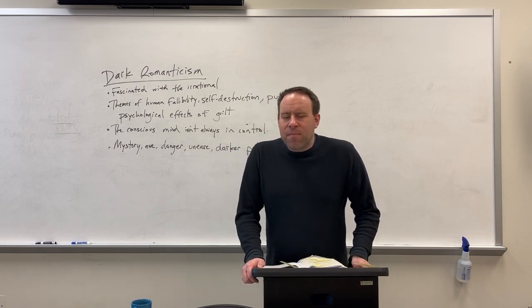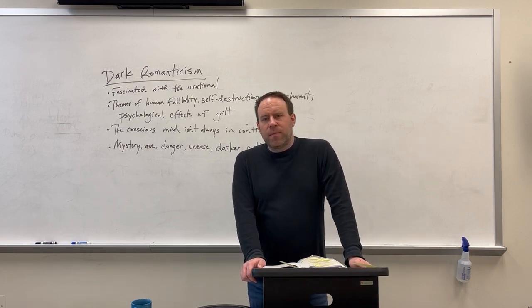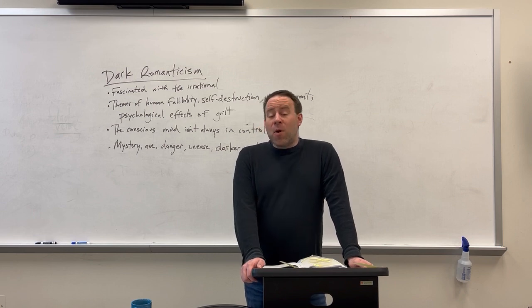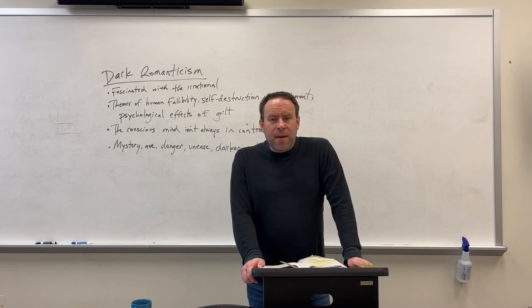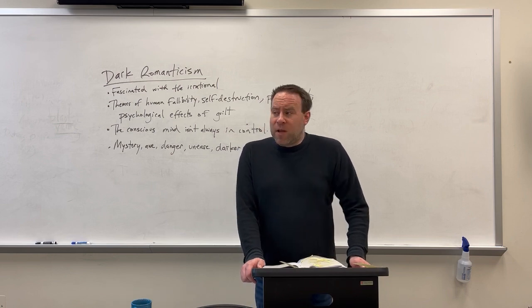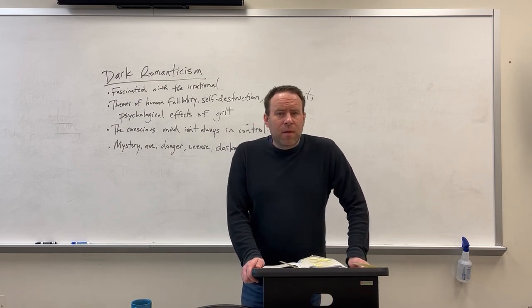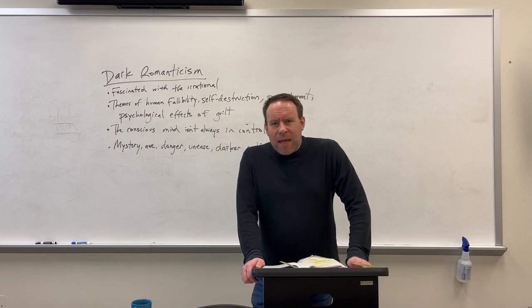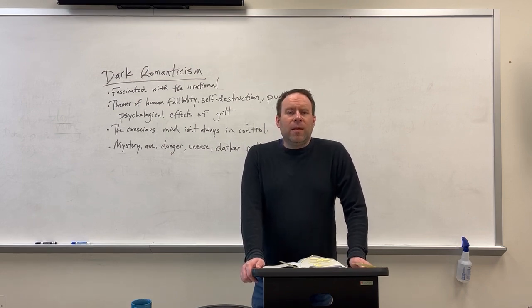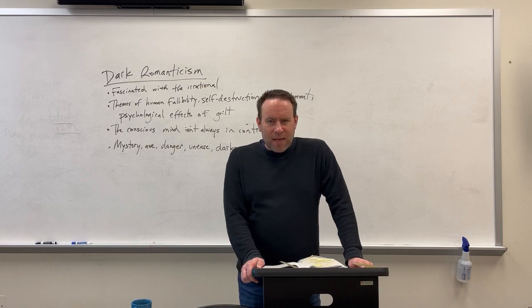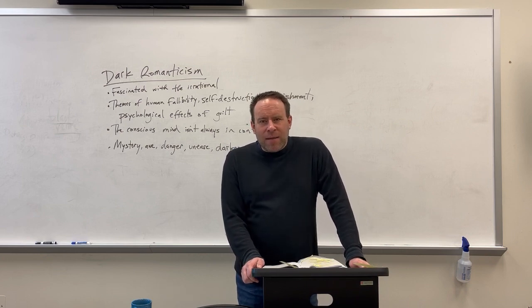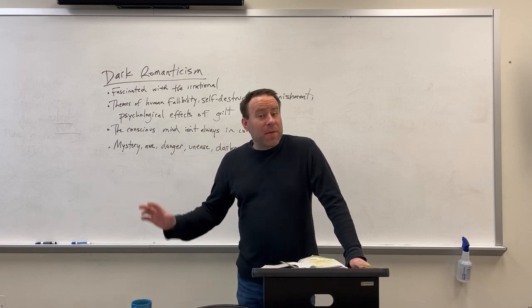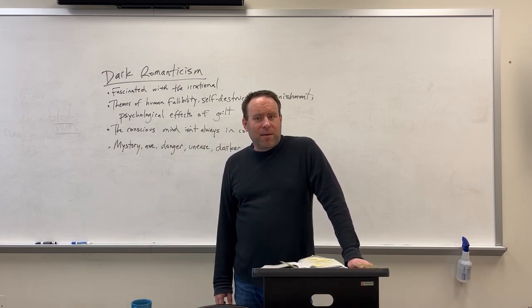How do we explain mental illness? People who, through no fault of their own, experience schizophrenia or severe clinical depression. How do we explain mental illness in the concept of the Enlightenment, with the mind being front and center and in control? Now, I don't mean scientifically how do we explain mental illness.